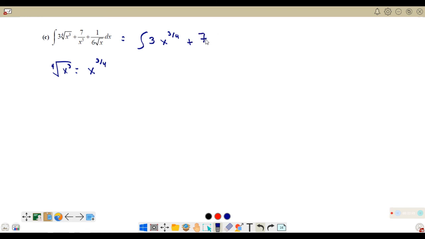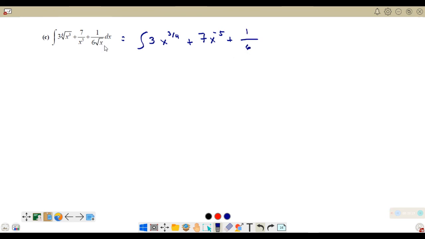Plus 7 ay nasa baba si x raised to the power of 5. Para madali natin siyang masolve, wala tayong mga variable denominators. So, gawin natin siyang x raised to the power of negative 5. Yan. Lagi nyo lang tatandaan yung mga natutunan nyo before from your algebra nung high school kayo. Plus 1 over 6.